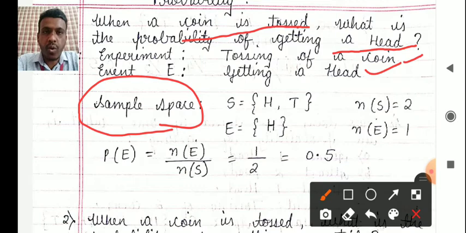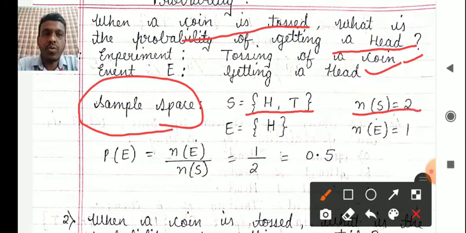So when you toss a coin once, what are the possibilities that you are going to get? Either a head or a tail. Any other possibility? No, there's no other possibility, and hence the set S consists of only H comma T. So what is the number of items in the sample space? Number of items in the sample space is equal to 2, right?